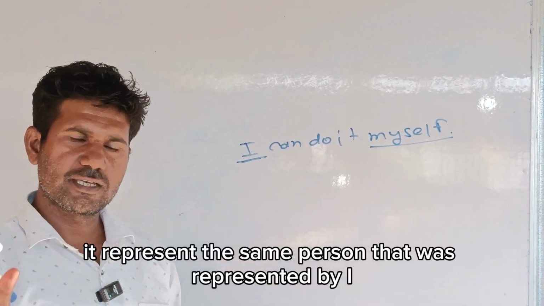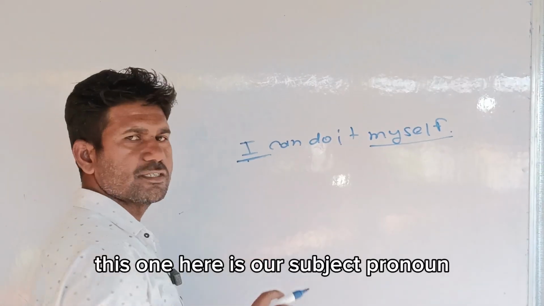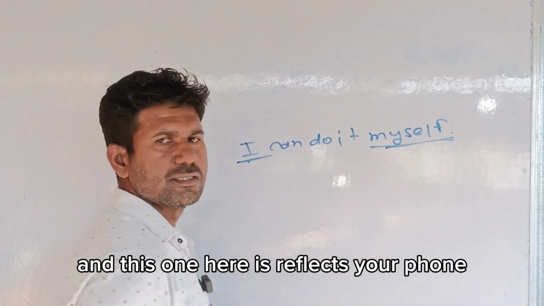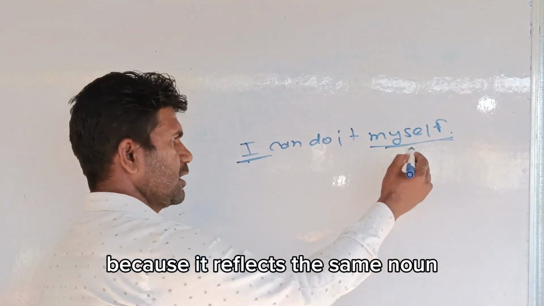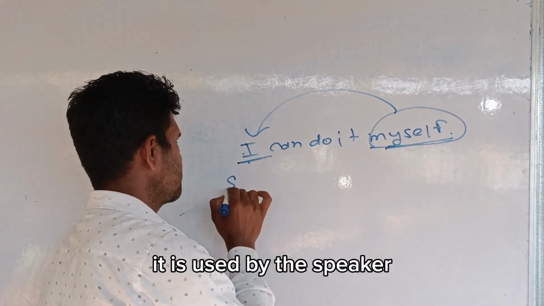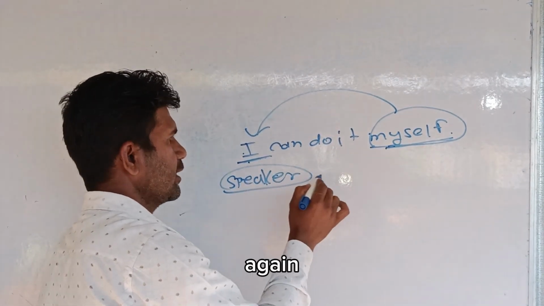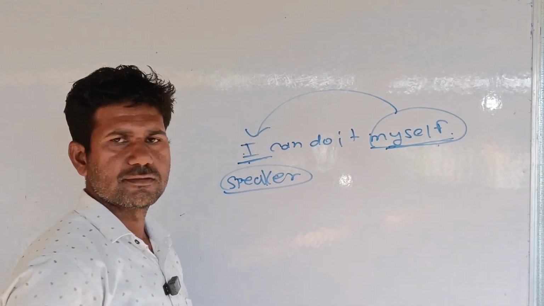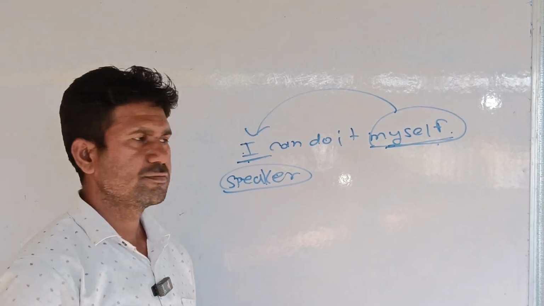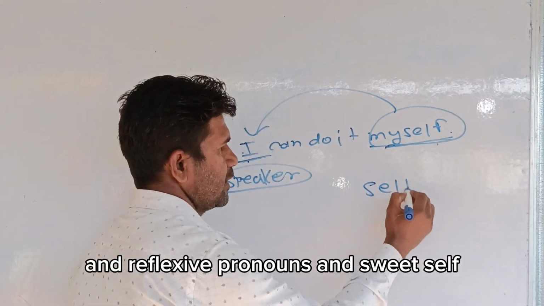It represents the same person that was represented by I. This one here is our subject pronoun, and this one here is the reflexive pronoun because it reflects the same noun. It is used for the speaker. Again, the same speaker is represented by this pronoun.